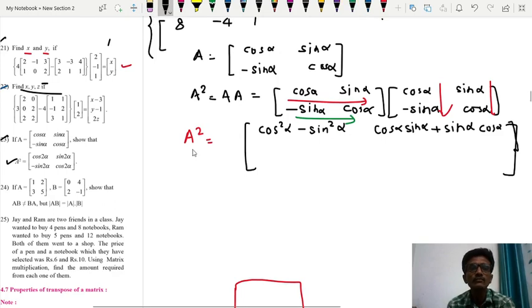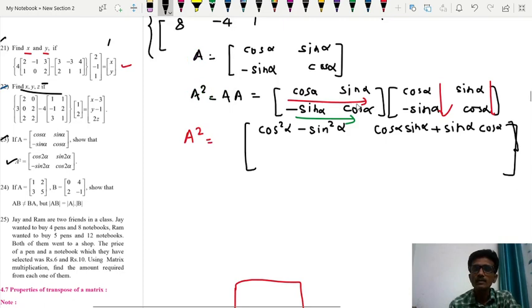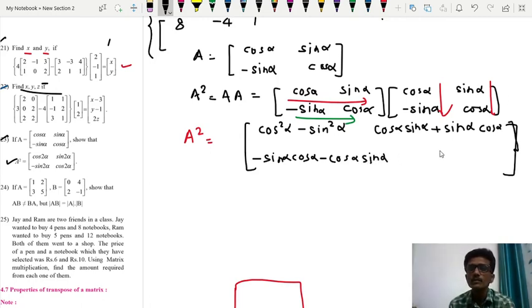So here minus sin alpha cos alpha, minus cos alpha sin alpha, and this will be minus sin square alpha plus cos square alpha.